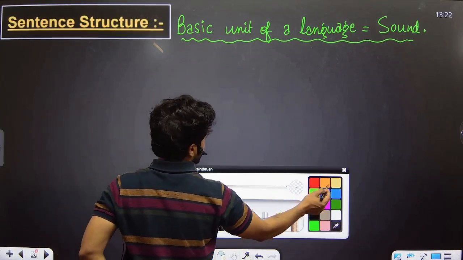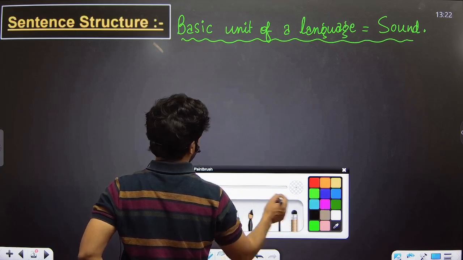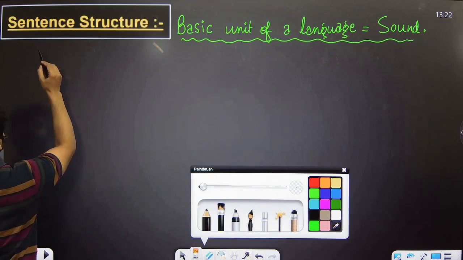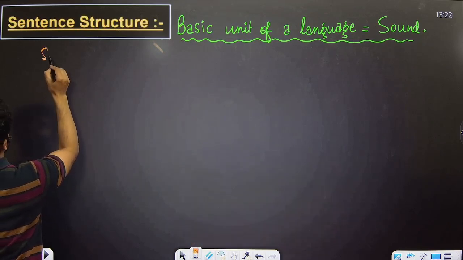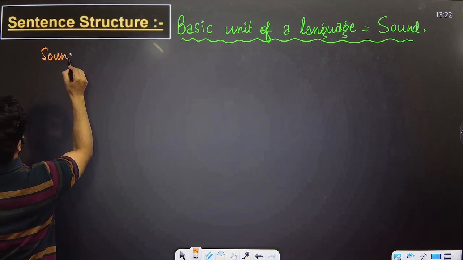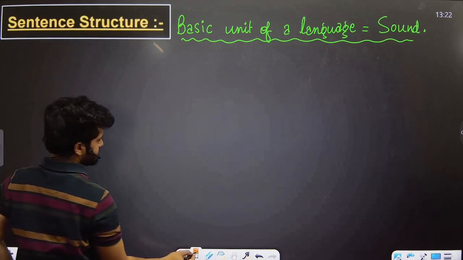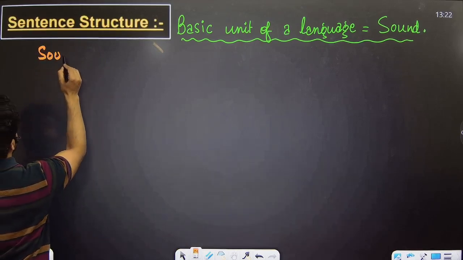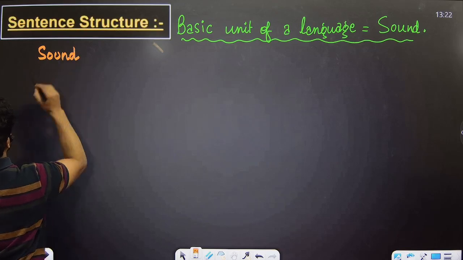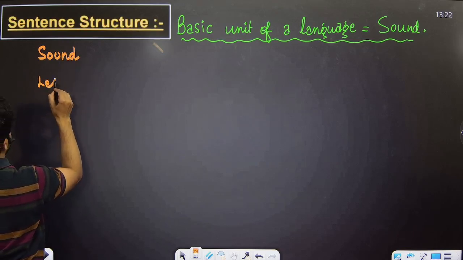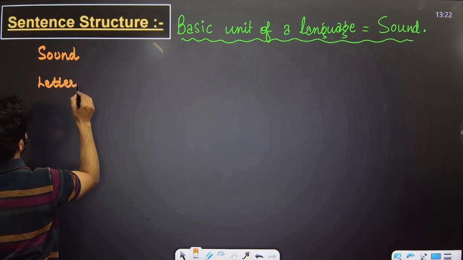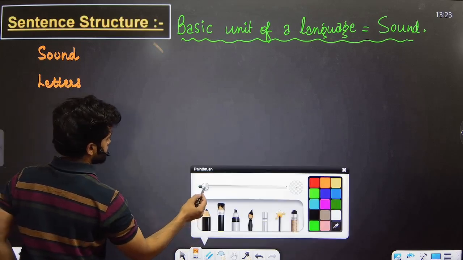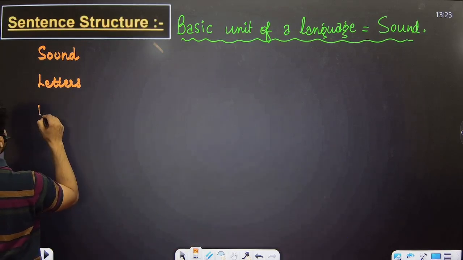Now, let's learn about the hierarchy of our sentence. First of all, that will be your sound. After sound, you generate letters, and after that you make what?